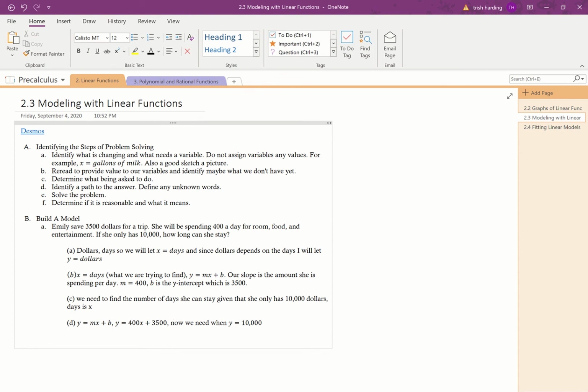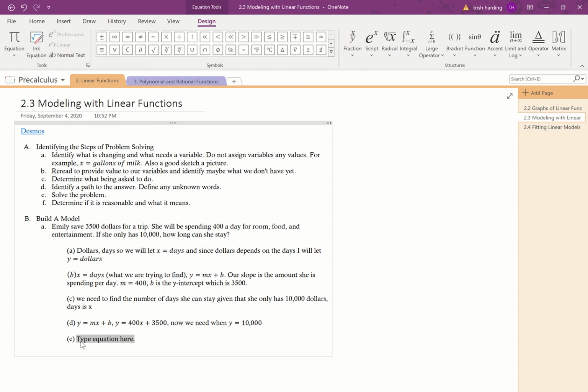So going up to, now we're on step E, we are going to solve. So we need 10,000 equals, we'll make this a math equation, 10,000 equals 400x plus 3,500.